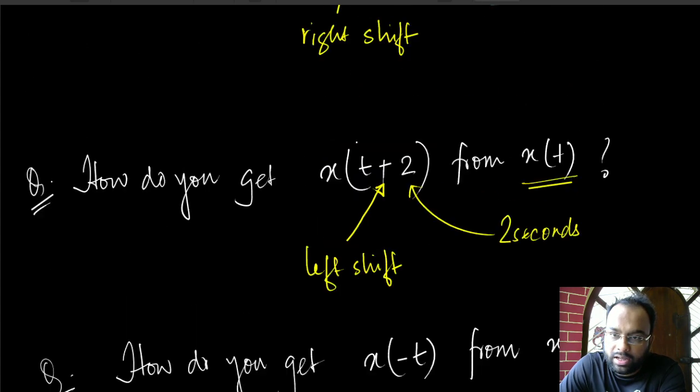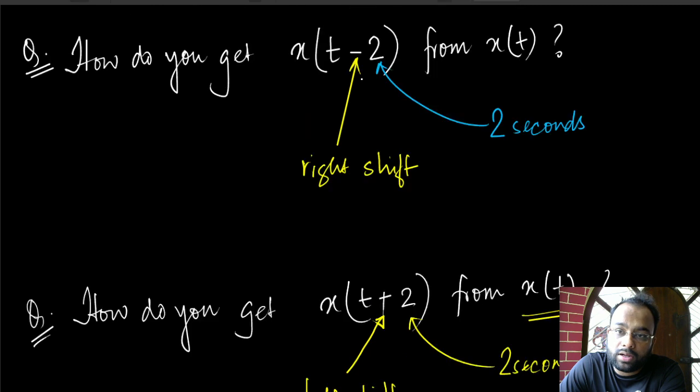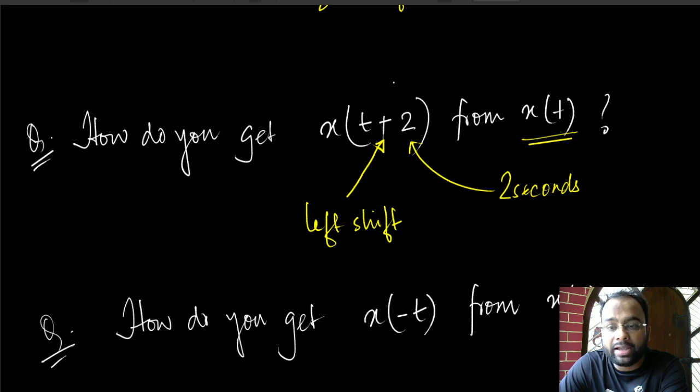Now again, look very carefully. The signal is shifted right if we add some negative quantity with time, and the signal is shifted left if we add some positive quantity with time, right?